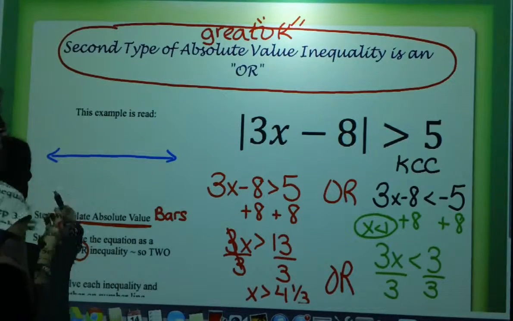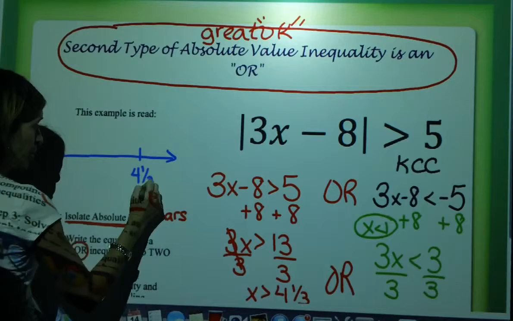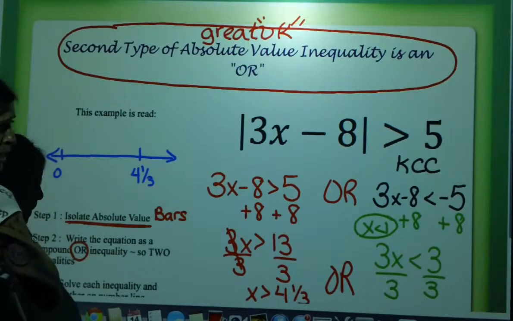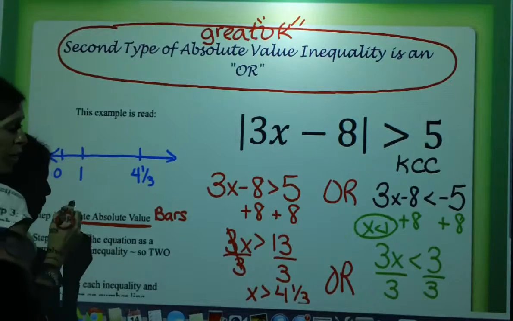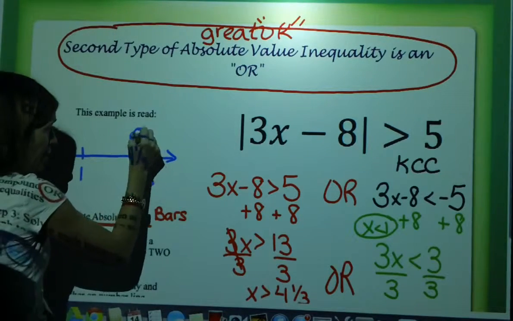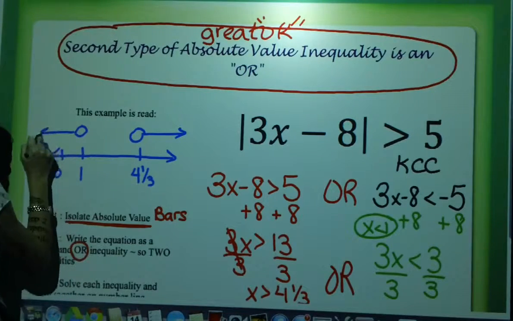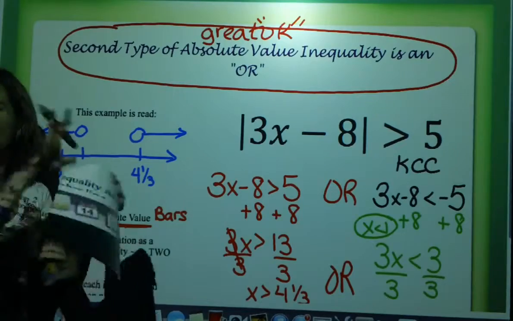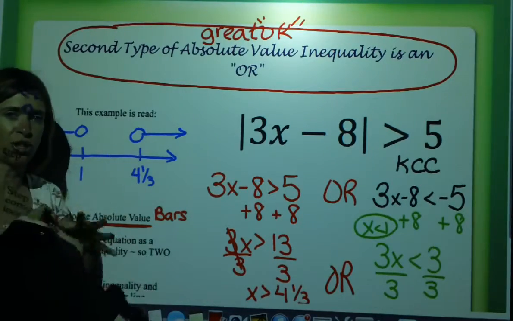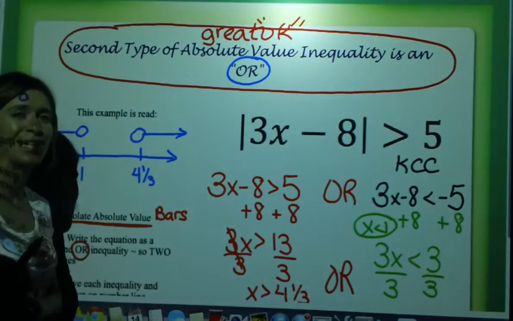So we have x is greater than 4 1/3. Here's 4 1/3, and here's 0 down here, and here's 1. So I want x is greater than 4 1/3, and x is less than 1. Notice the graph. This is not always going to be true, but in the short term, I want you to think about how the OR graph looks different from the AND graph.